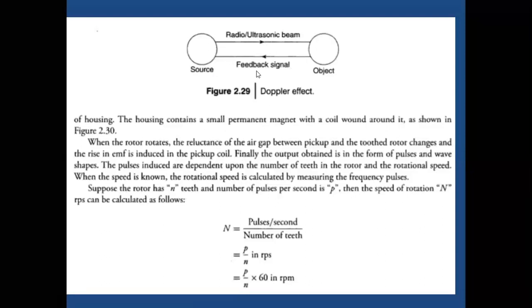This is called the feedback signal. This is the source frequency and this is the feedback frequency. If the feedback frequency is higher than the source frequency, the object is moving towards the source. Whenever the feedback frequency is lower than the source frequency, the object is moving away from the source. We call this the Doppler effect.